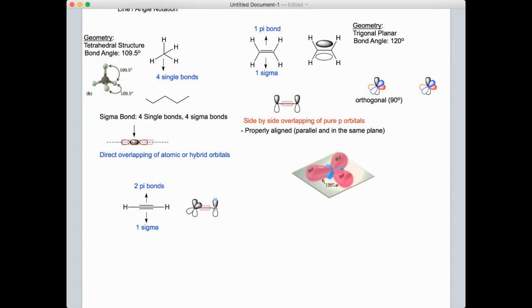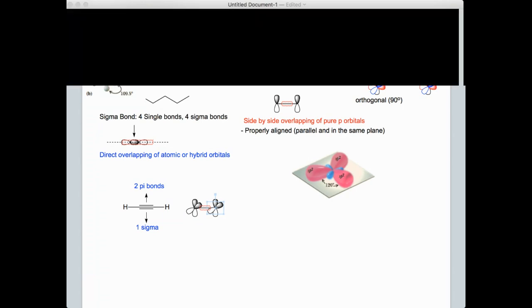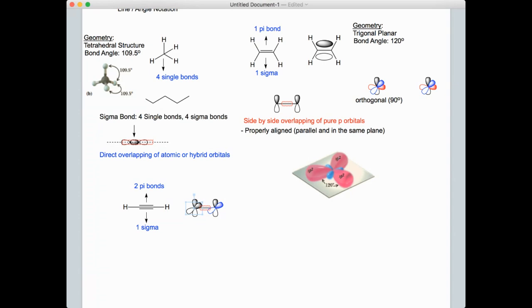So I'm going to draw it like this. I'm going to color code this so you can see how one pi bond will be through the two p orbitals that are parallel, and the second pi bond through the second set of p orbitals that are at a 90-degree angle from the first one.